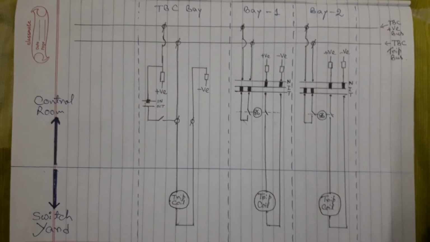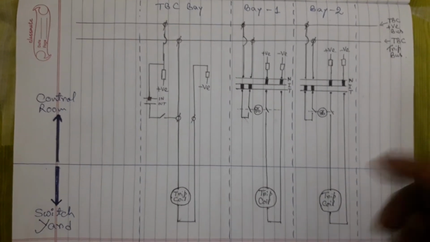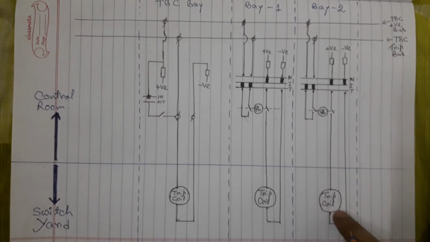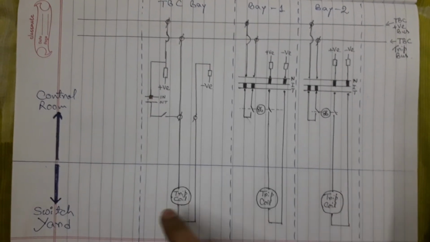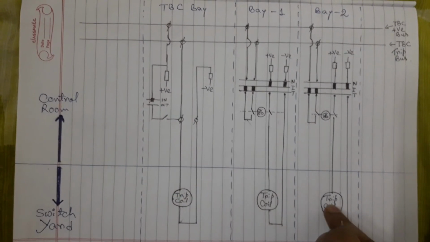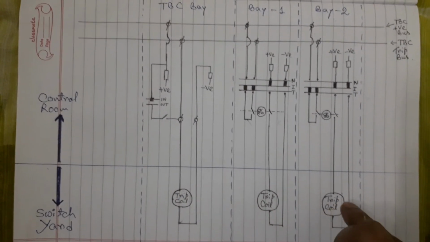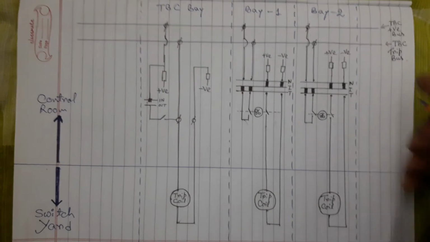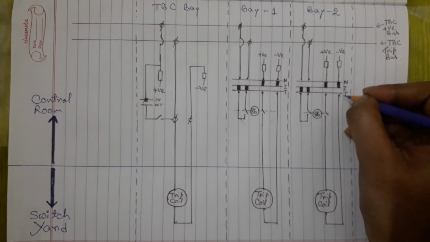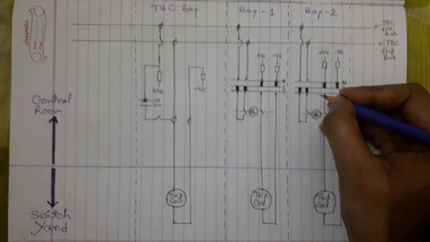Now after completion of this diversion operation in the switch yard, we generally switch off this circuit breaker, then only this circuit breaker is in circuit. This circuit breaker is switched off because we have to maintain it. In that condition, we keep this switch in transfer position.